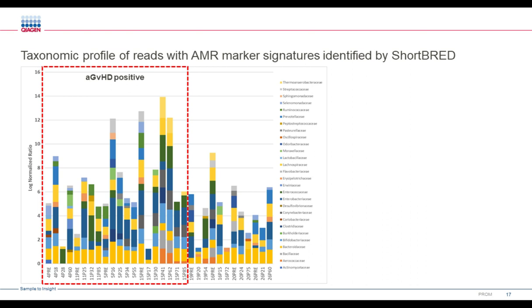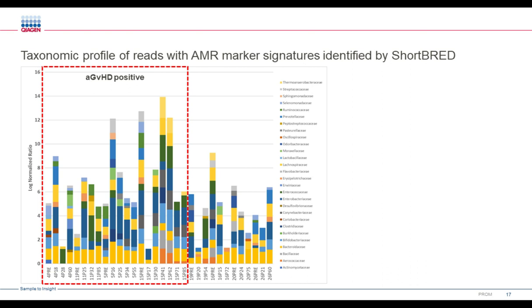So, furthermore, we can take these same reads that we looked at before from Shortbread, bin them out, and actually run them as an antimicrobial resistance input data set.